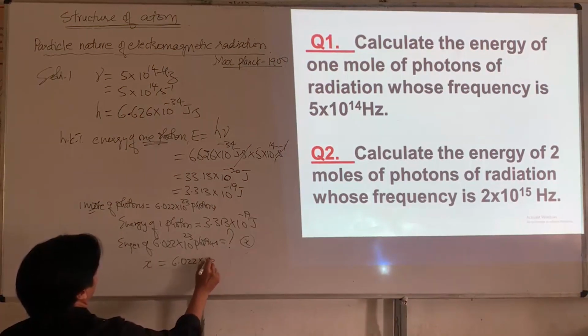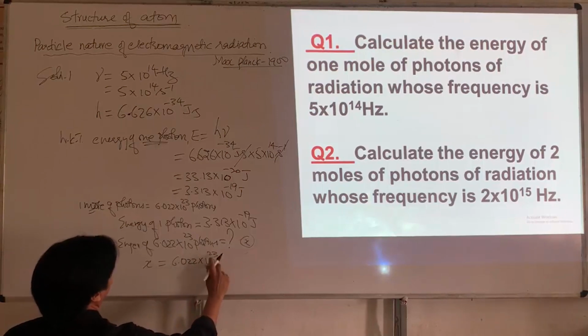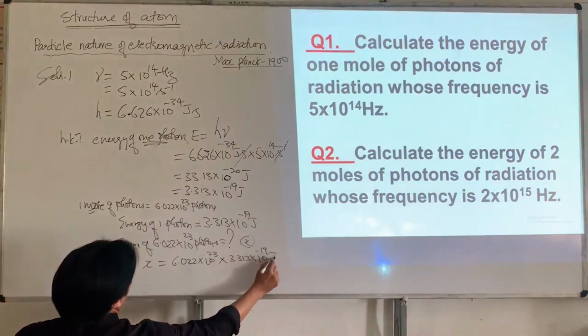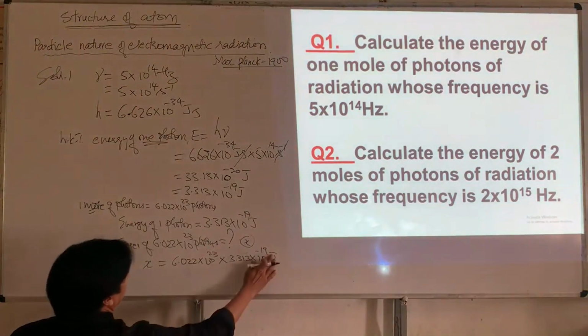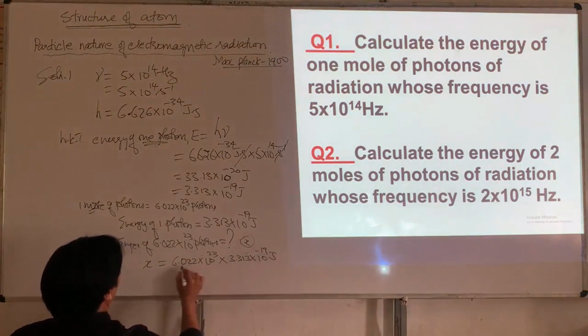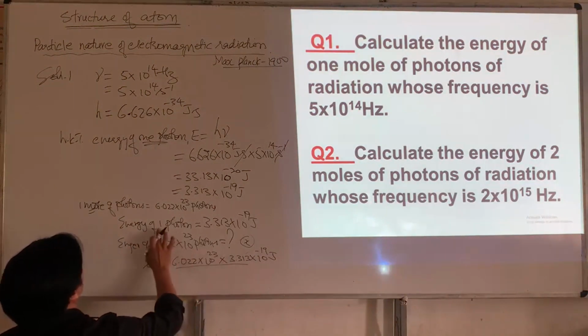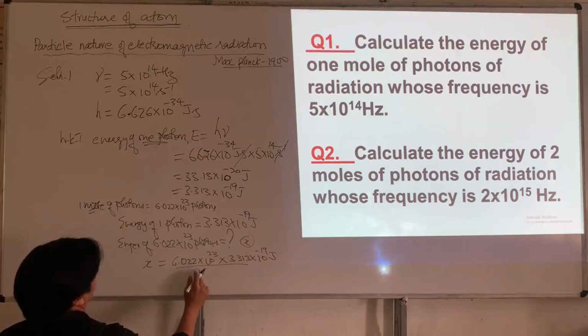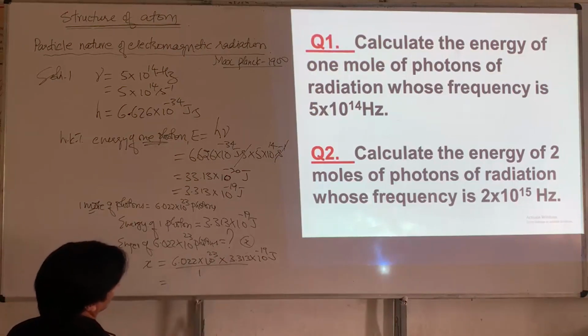So x = 6.022 × 10^23 photons × 3.313 × 10^-19 joules divided by 1 photon. Photon and photon will get cancelled, so finally you are left with this much energy.